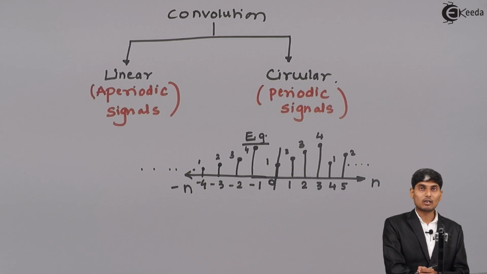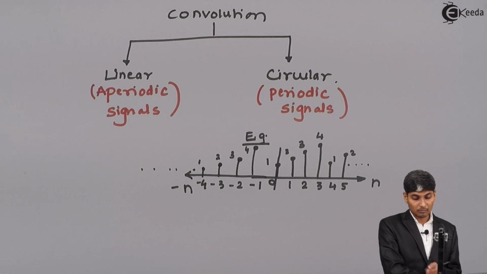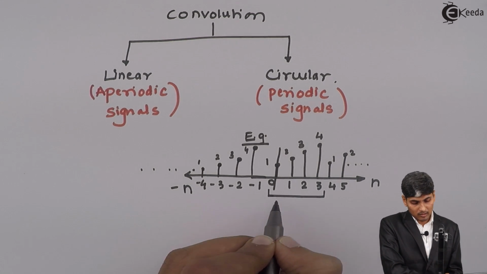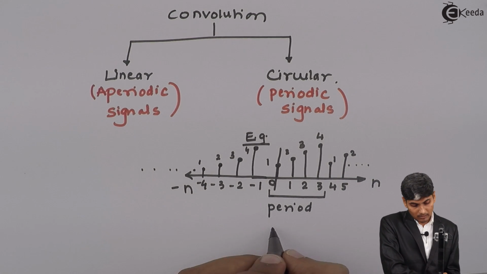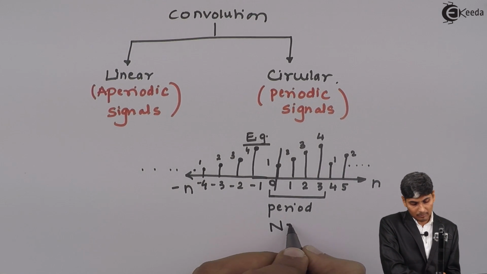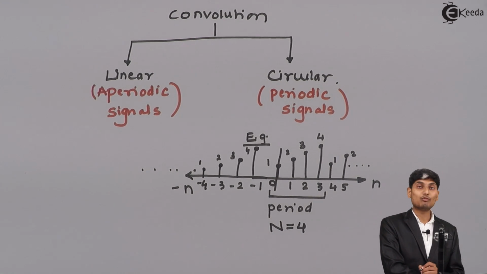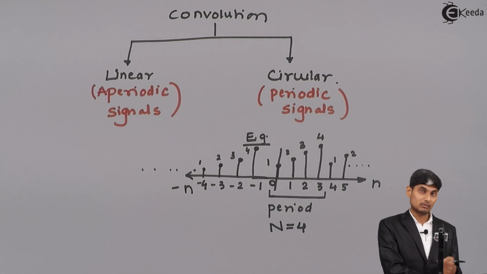This signal is called a periodic signal, which repeats itself after a certain period. So what is the period of this signal? The period is normally denoted as capital N, which is equal to 4. So after the 4th sample, the 5th sample is the same as the first sample. This is what a periodic signal is.